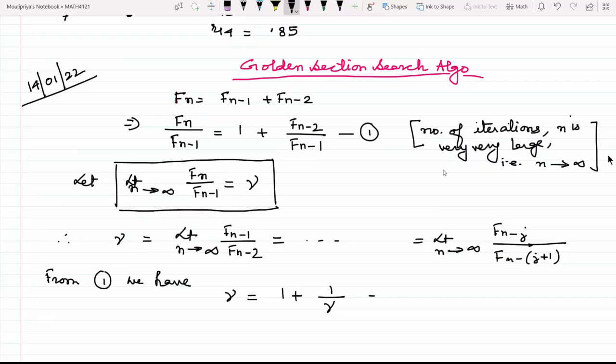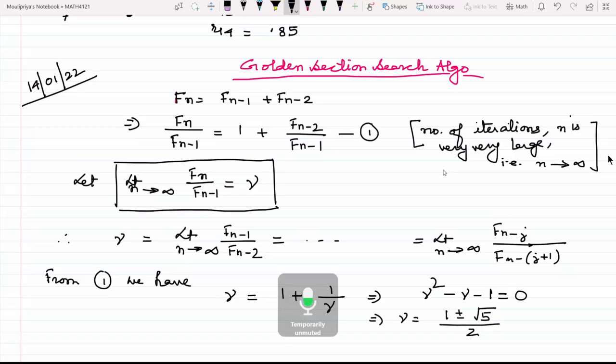That implies we have a quadratic in gamma, which is gamma square minus gamma minus 1 equal to 0, which eventually gives us gamma to be (1 plus minus root 5) by 2.